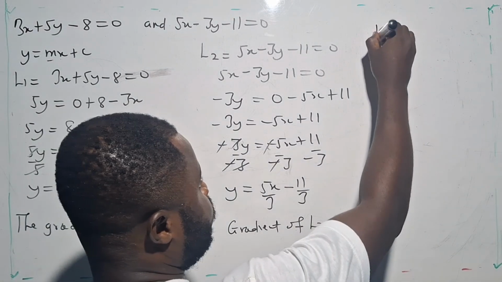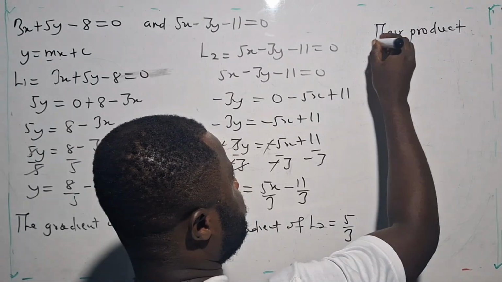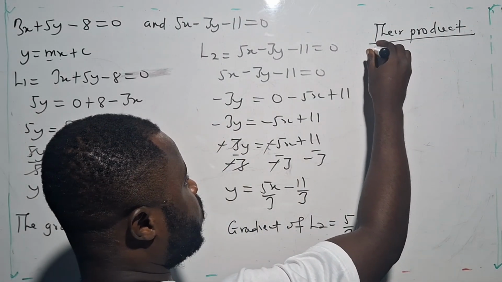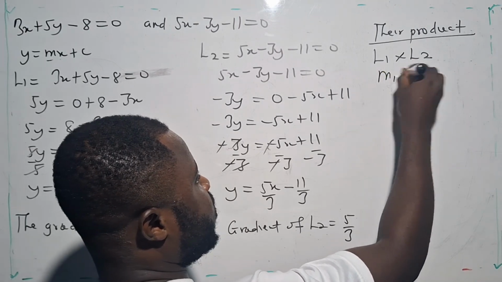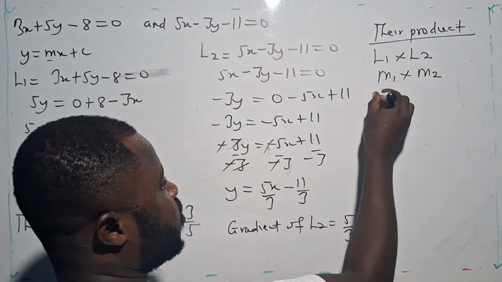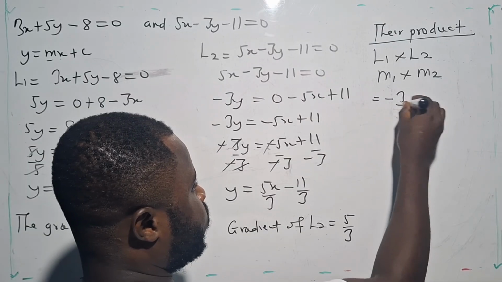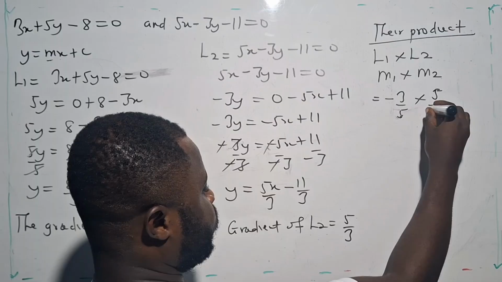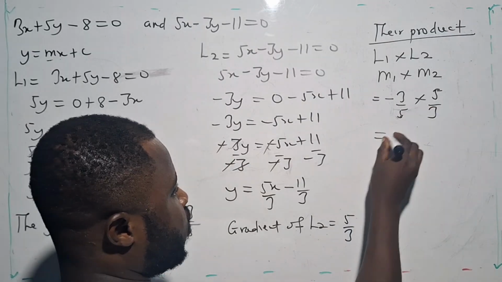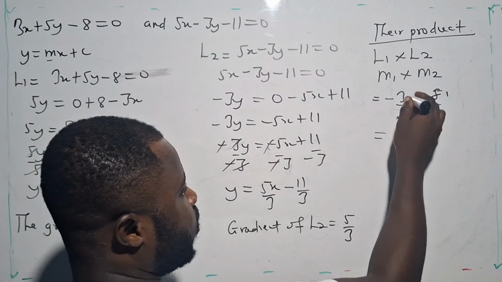So let's find their product. Their product will be L1 times L2, which is the first gradient times the second gradient. So negative 3 on 5 times 5 on 3. Now we can cross divide: 5 divided by 5 gives 1, 3 divided by 3 gives 1.